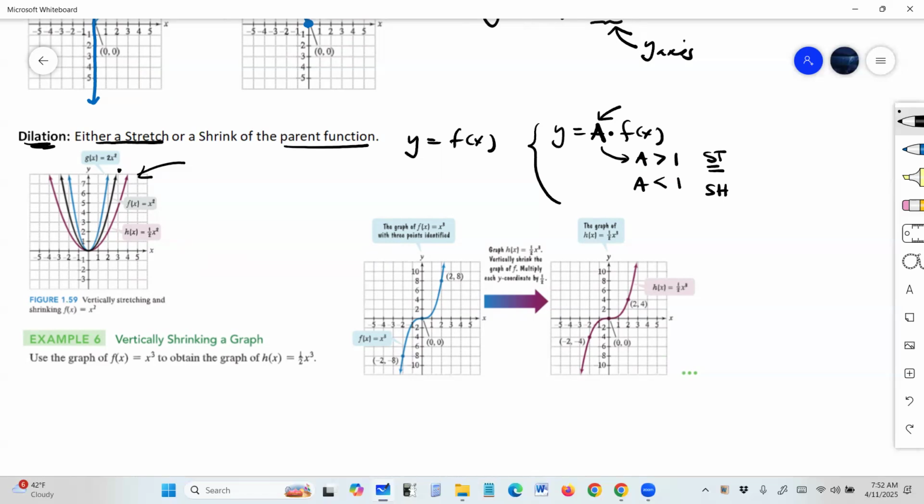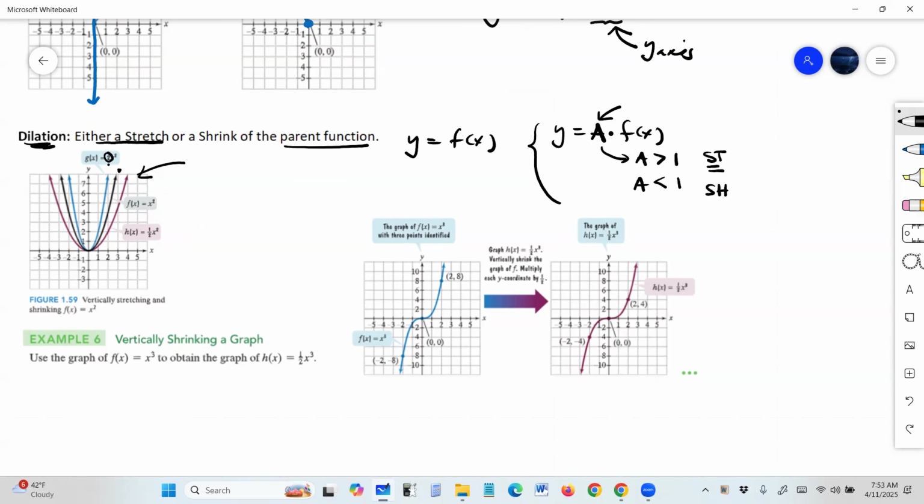Now look again here at the basic case. I have a 2 multiplying the x squared. So the 2 is a stretch. And what does it do? It bends the curve more, or in other words, it grows faster, right? 2x squared grows faster than just x squared. So the curve seems to bend in forward.